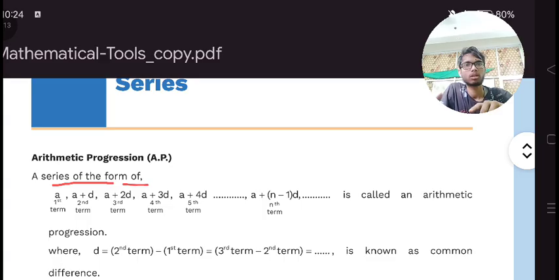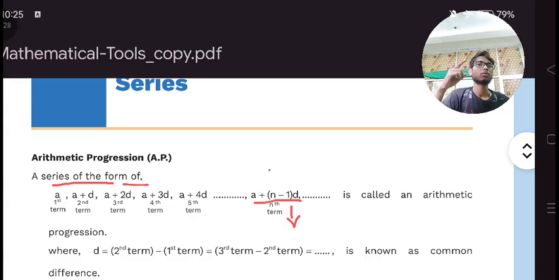Okay, this a plus (n minus 1) into d is used for the nth term. Remember, this will be used for the nth term. In detail we are going to explore, don't worry. Right now you understood the meaning of arithmetic progression. If you didn't understand, don't worry, we are just starting right now.